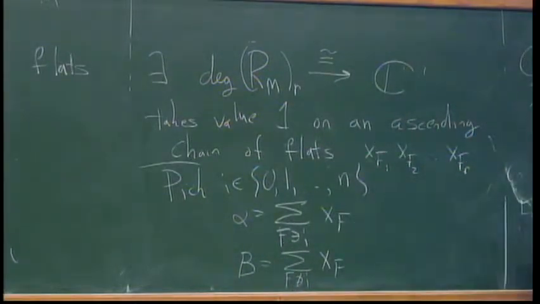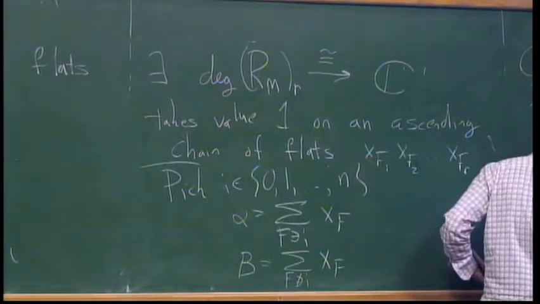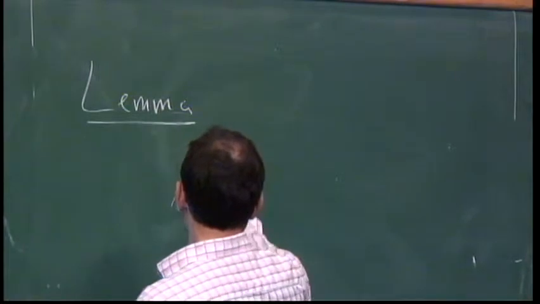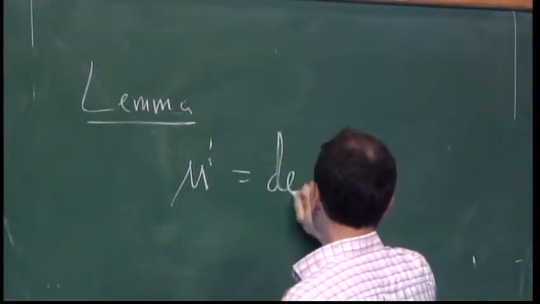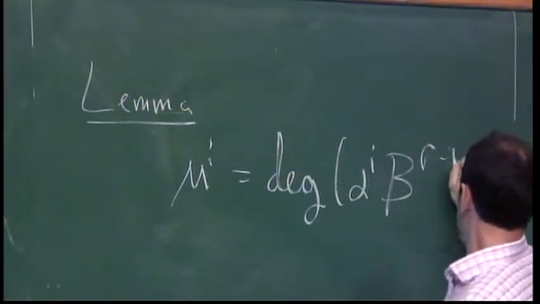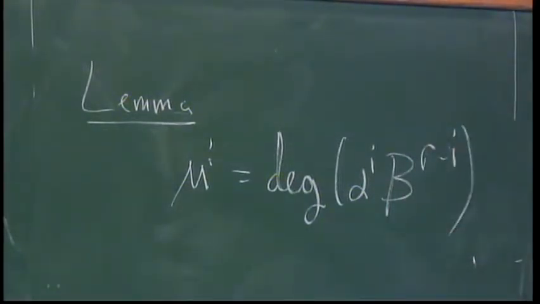And a lemma that we prove by tropical intersection theory, but you can just prove by doing intersection numbers in our ring, is that the degree of products of alpha and beta are the coefficients of the reduced characteristic polynomial.